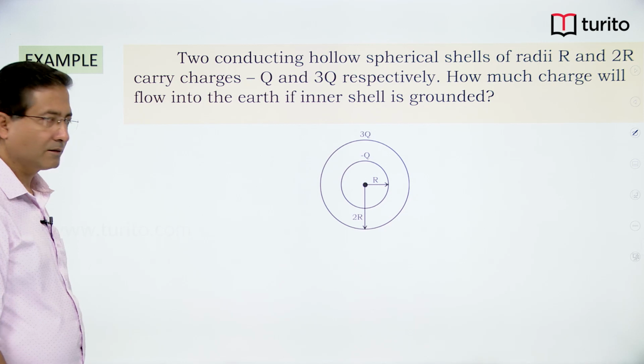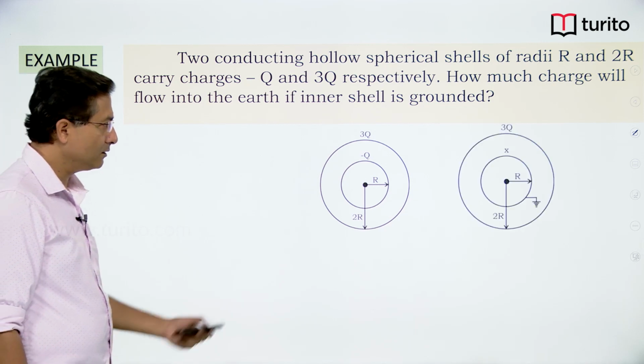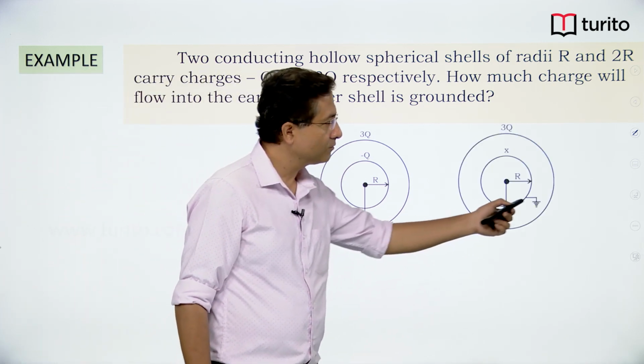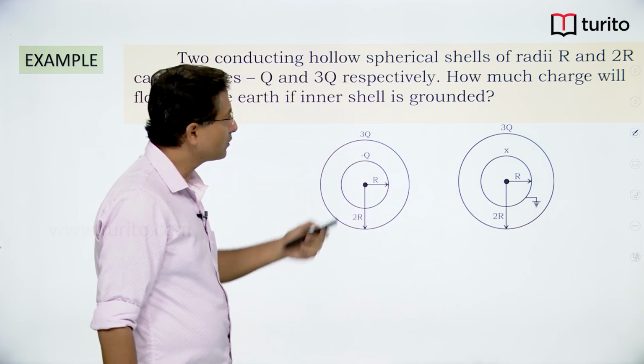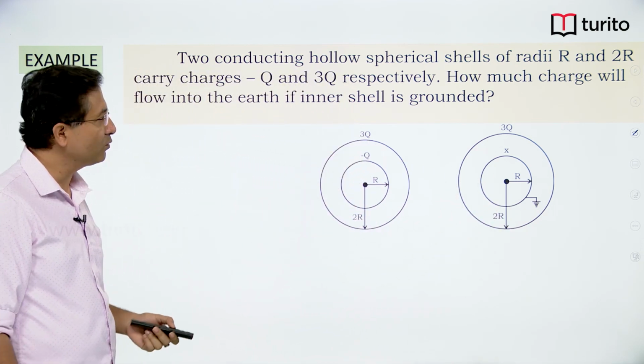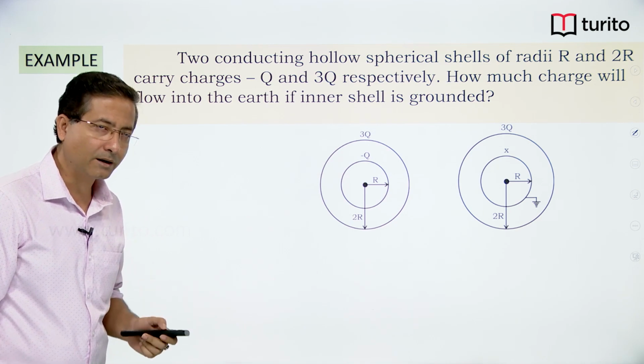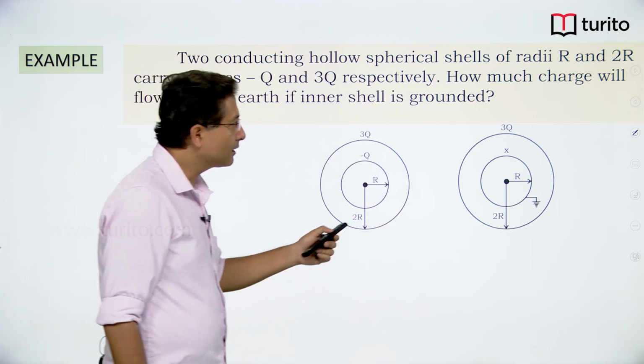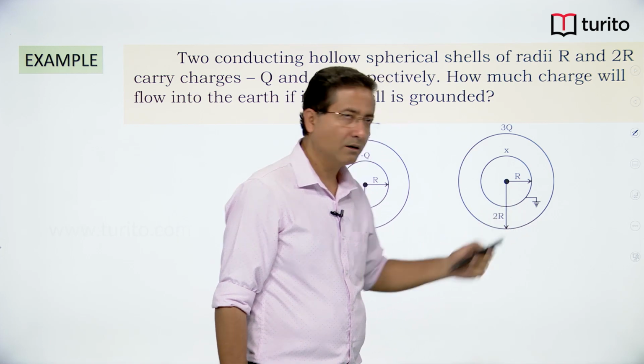Let us see one more example, a spherical one. So, the outer one was having charge 3q and the inner one is having charge minus q, and then we connect the inner one to earth.